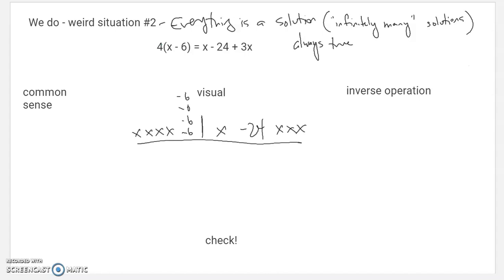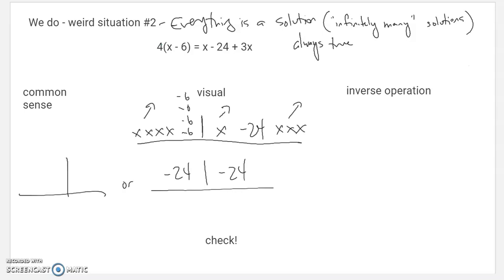And same thing, my instinct off the bat would probably be to take the x's away. And when I do, I'm left with negative 24 here and negative 24 here. Or if you took the x's away, you might possibly just be left with 4 x's over here and 4 x's over here. Either way, depending on what you take, you get something that's always true, no matter what.